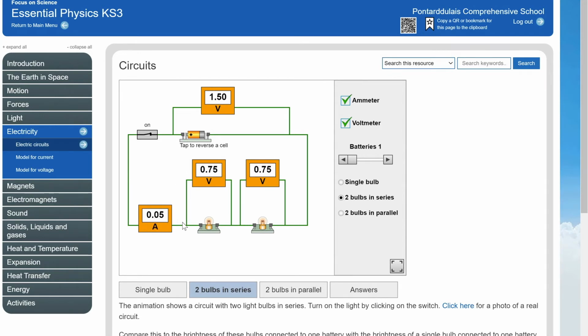The current will be 0.5 amps all the way around the circuit. The voltmeters themselves, they're not part of the circuit. No current actually flows up there. All they are doing is measuring the voltage across the bulbs.